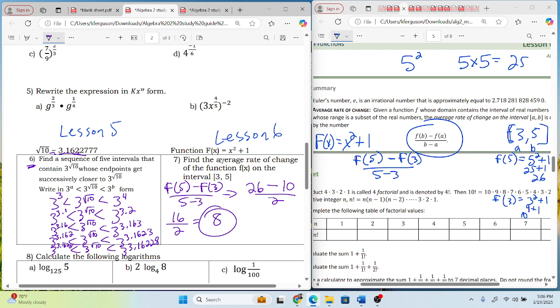Taking your interval, they gave us 3 to 5, so we plugged in 5, and then we subtracted the value plugging in 3, so 26 minus 10, and then we divided by the difference of the interval, so 5 minus 3. And there you go. That's 2 lessons down, 1 big one to go.